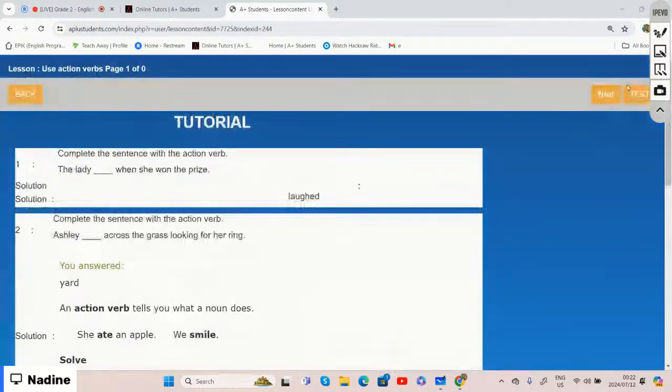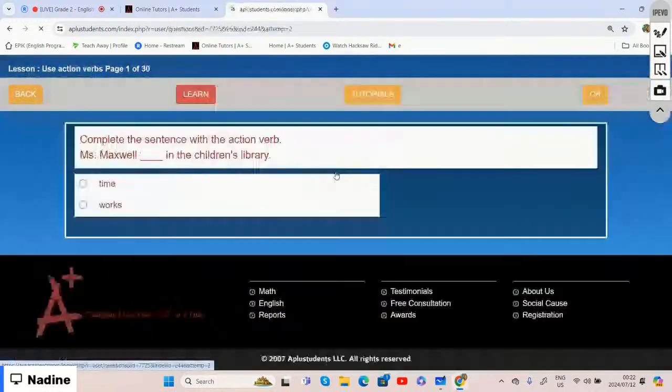All right, so now we're going to our test. And we are going to use action verbs. It says, Miss Maxwell. Do we say Miss Maxwell time in the children's library?